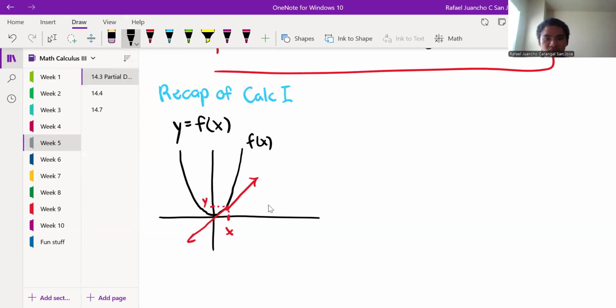And I want to find this tangent line, or the slope of this tangent line. Well, then I do a limit as h, or it's just any value, honestly, where I have my f of x plus h. So I have a value up here, maybe.